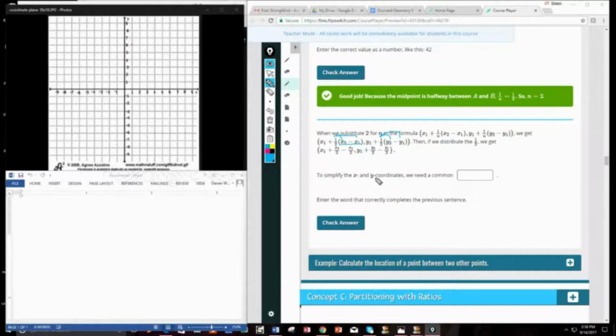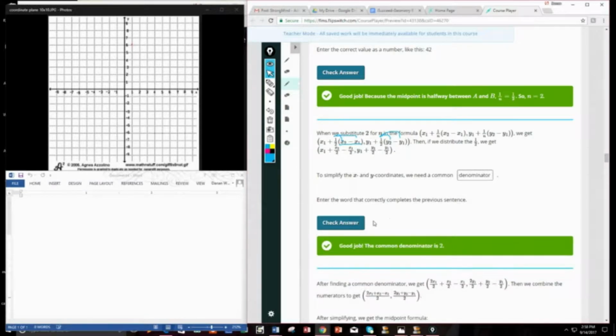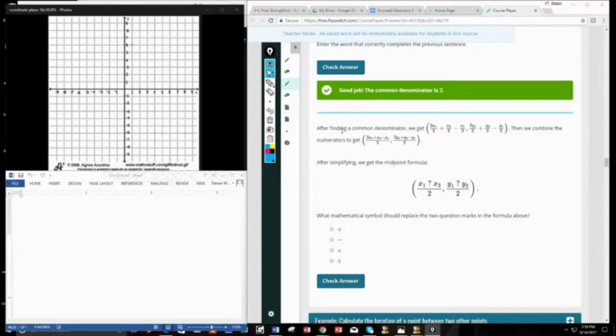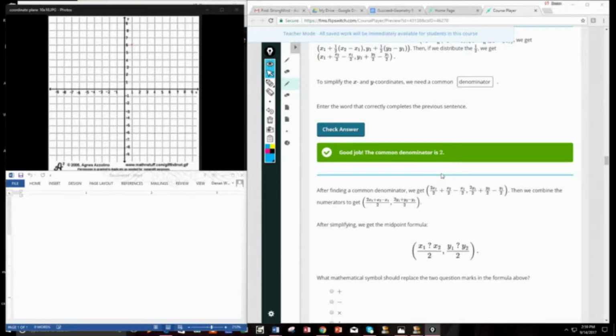To simplify the x and y coordinates, we need a common denominator. Well, we have these fractions right here, and in order to add or subtract fractions, we have to have a common denominator, which is the lower portion of the fraction. So the denominator is 2. After finding a common denominator, how did they go from x1 plus x sub 2 divided by 2?